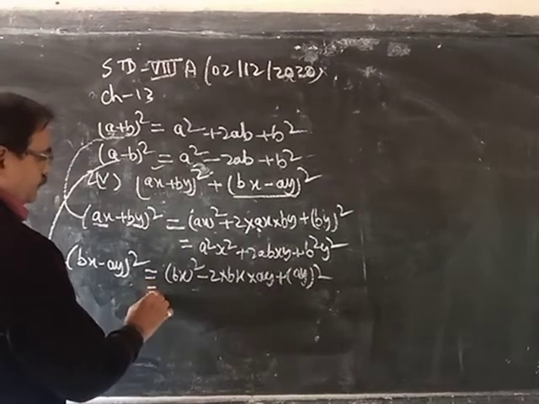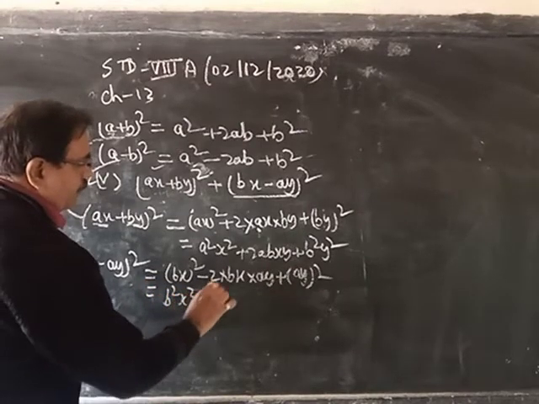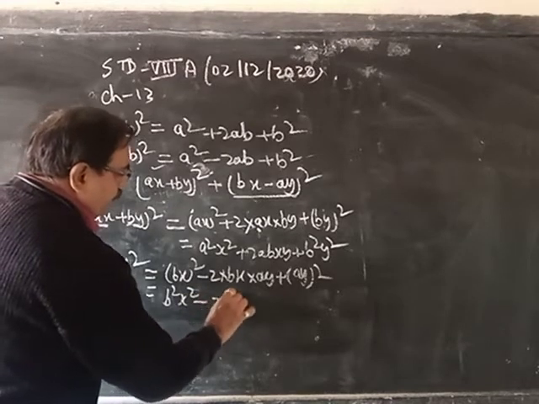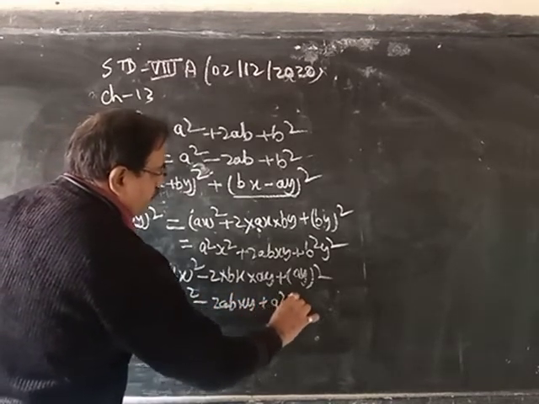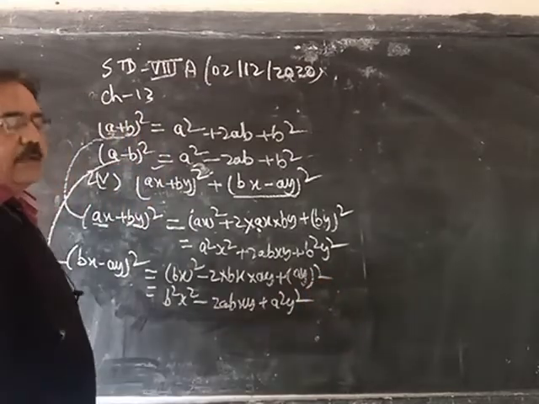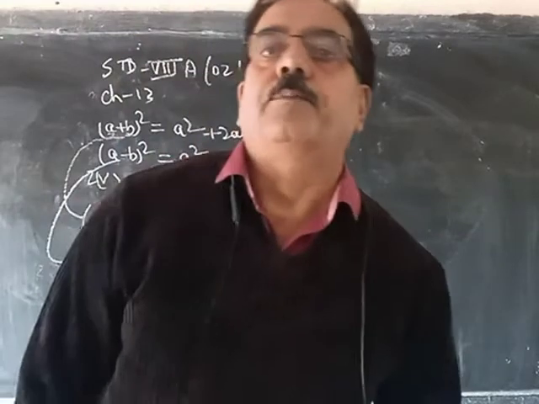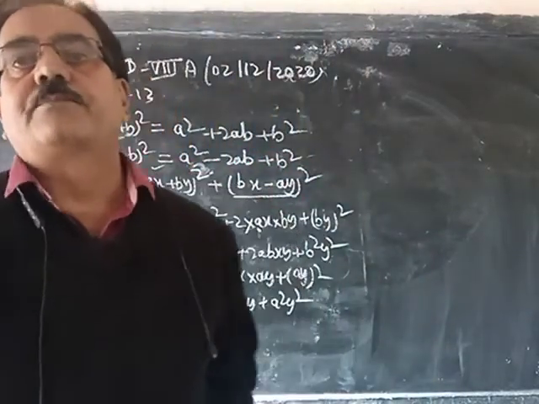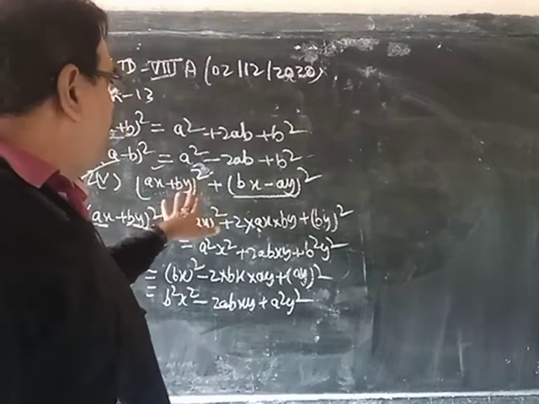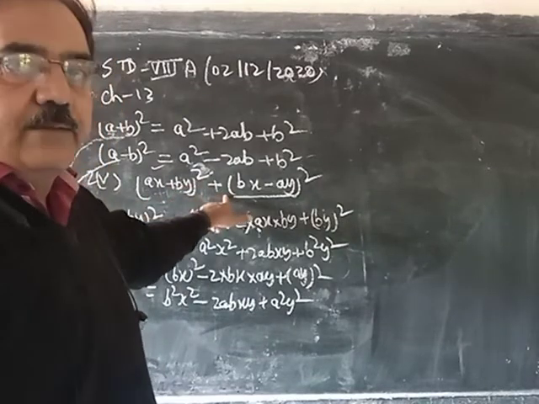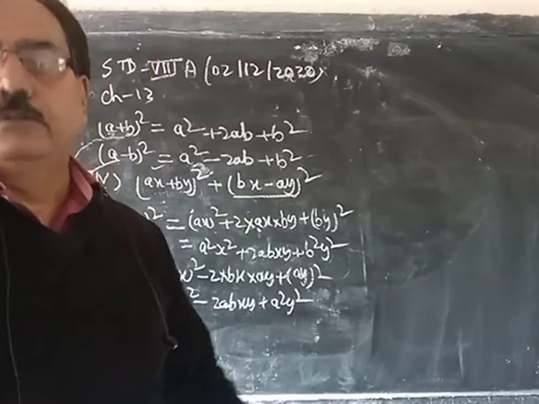So this becomes b squared x squared minus 2abxy plus a squared y squared. Right, clear? So after expanding with the formulas a plus b whole squared and a minus b whole squared, according to the question, if a plus sign is given, we will add both the values.